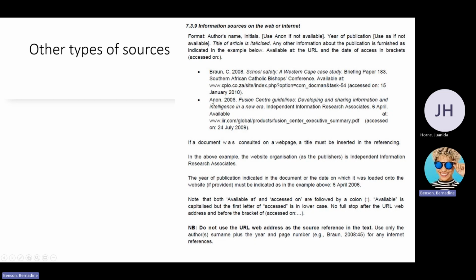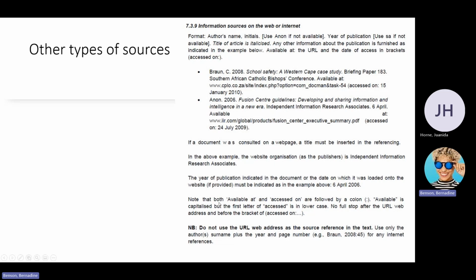If there is no author, then it will be anon. Otherwise, you would use the name of the author. So in terms of only author's name plus year and page number, if it's available from the website, you do not use the URL in the text.